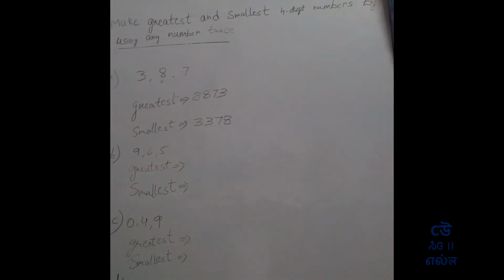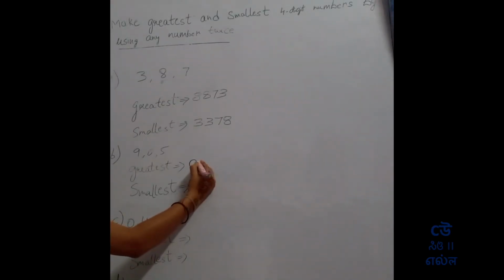Okay children, let's solve another problem. The next given problem is 905. We have to find the greatest number. Which is the biggest among these three? 9 is the biggest.